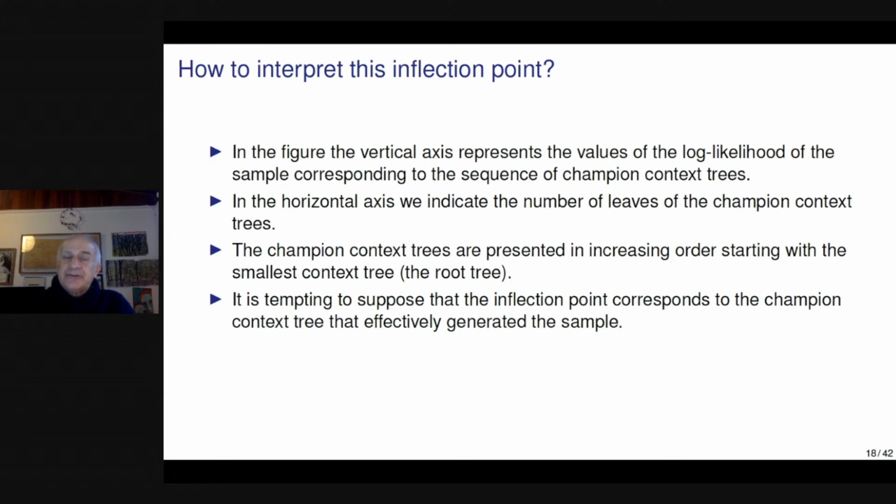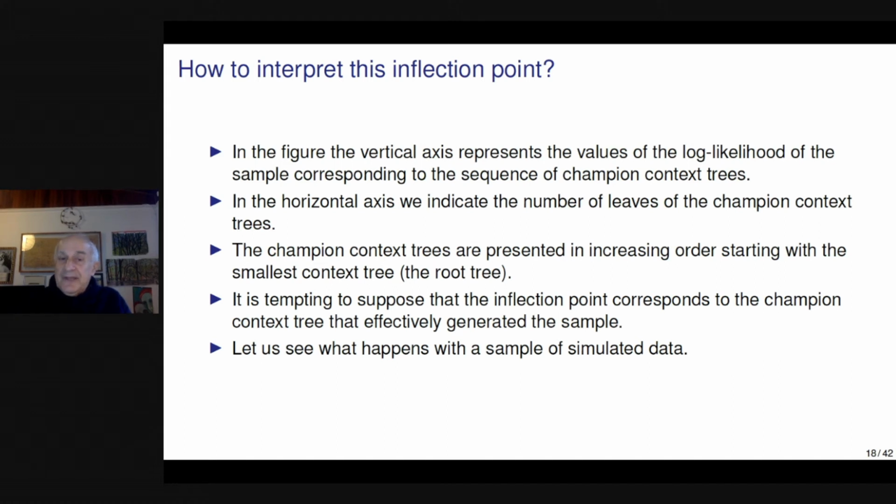Now, the conjecture we made, I guess you made it also. We suppose that the inflection point corresponds exactly to the champion context tree that effectively generates the sample. To check this natural idea, we simulated data. So in this case, we know what is the tree which generates the data.